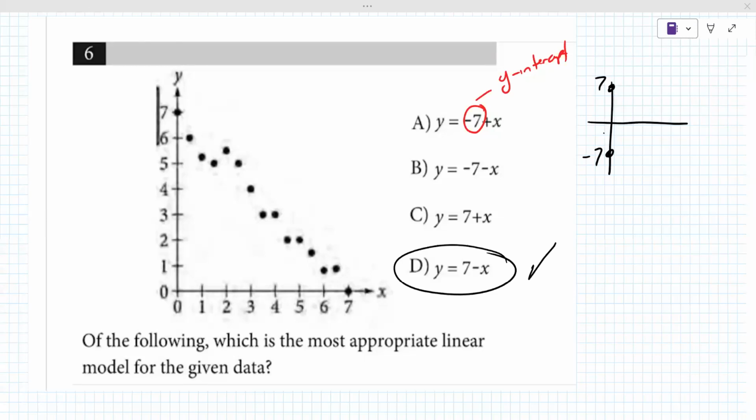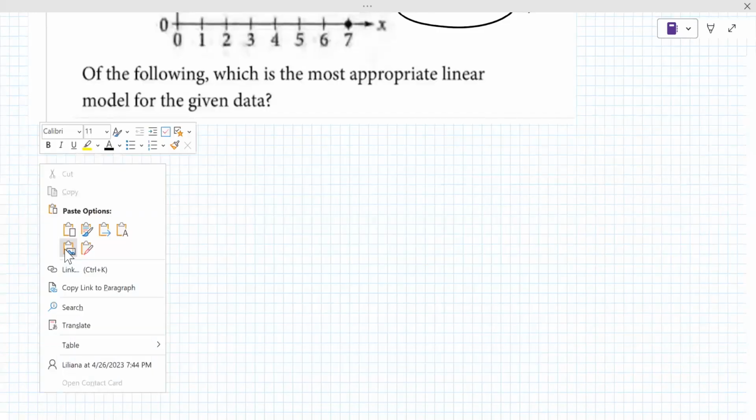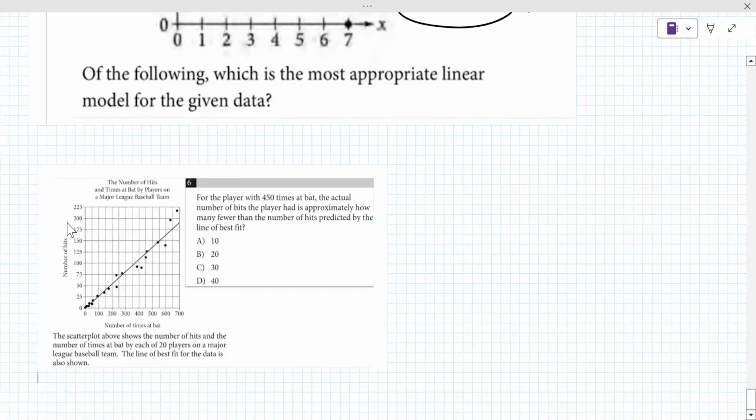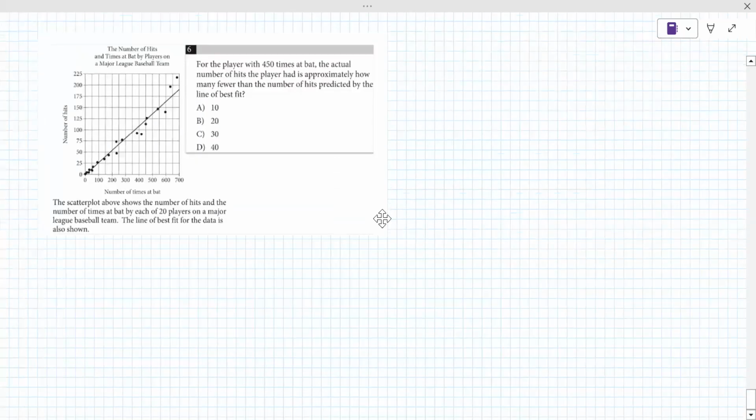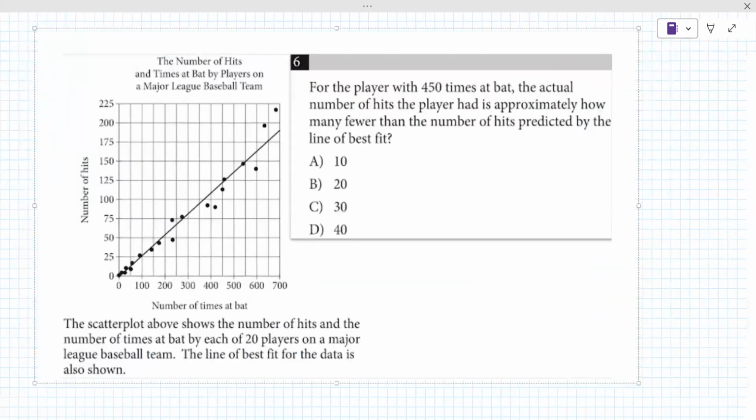There we go. Sorry, let me make that a little larger. There it is. Sweet.